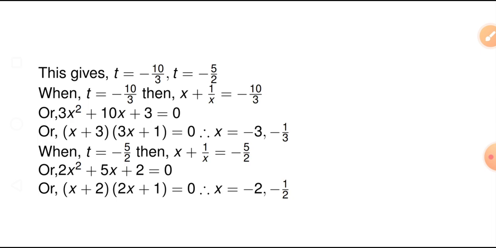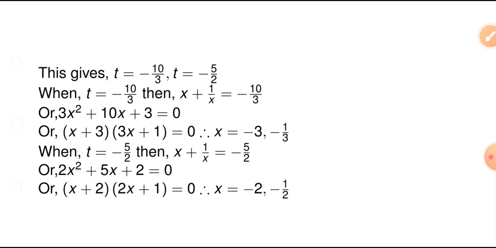When you factorize this one, we have (x + 2)(2x + 1) = 0. Now you equate each term to 0. We get x + 2 = 0, which means x = -2, and 2x = -1, so x = -1/2.